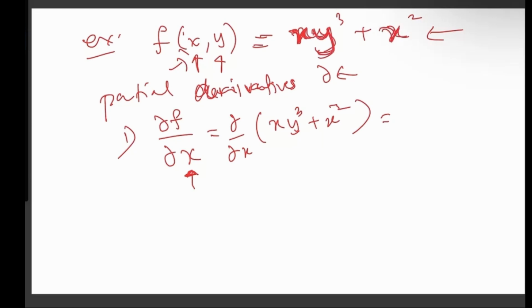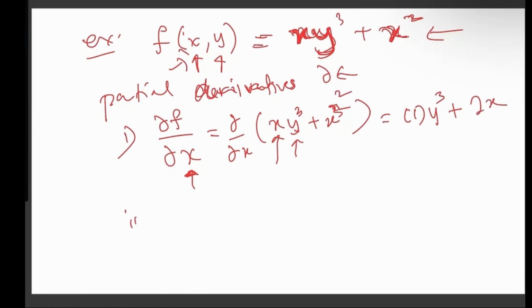So we just differentiate with respect to x only. x becomes 1, y is constant, so it becomes 1 times y to the power of 3, plus the second term, x to the power of 2, which becomes 2x.